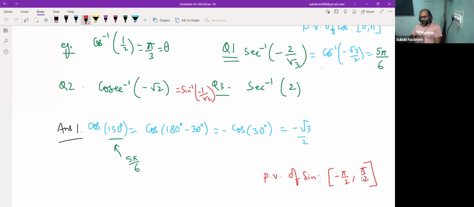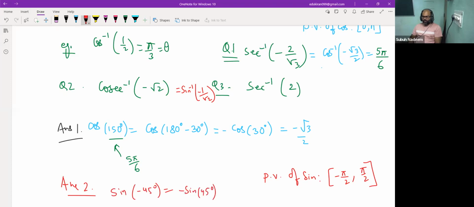So here what will be the angle? Sine of minus 45 degree, because this will become minus sine 45 degree.